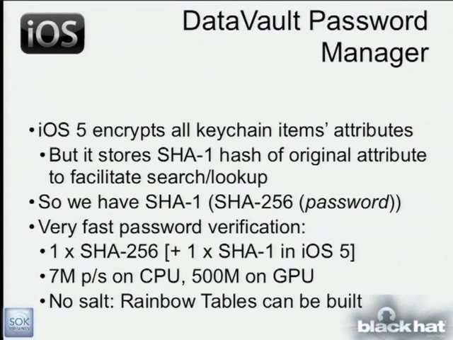So for now, we have the password hash encrypted and a SHA-1 hash of the password hash stored in plain text inside the keychain. So again, we don't need to find the passcode. We could just add one additional SHA-1 computation to start our attack. So using the keychain is a good idea, but it's used improperly. So the attack is very fast, again, no randomness, and it is easy to build rainbow tables for attacking such an application.